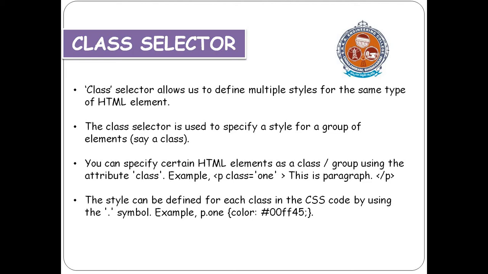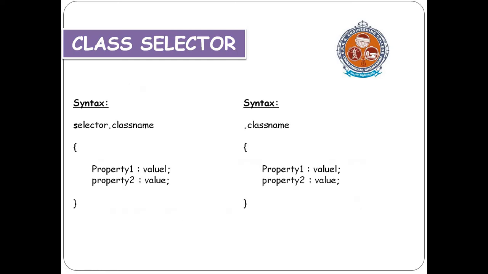For example, here it is p.1, with color #000. So the class p.1 has acquired the color code #000. Whenever we define class equals 1, automatically this color code will appear for the elements.